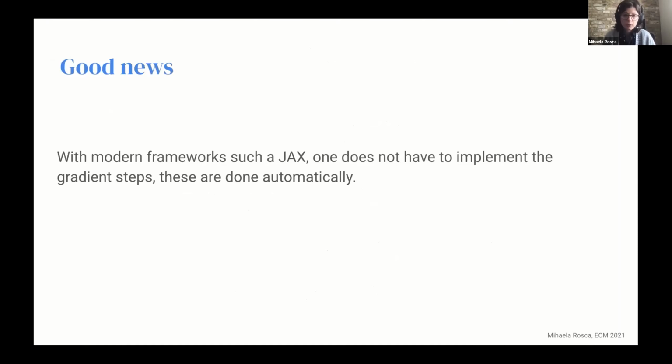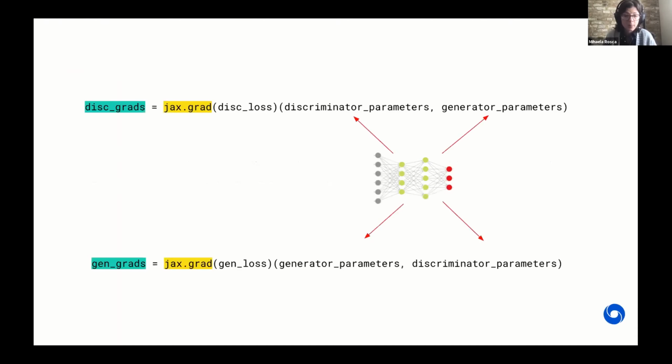With modern frameworks, especially frameworks such as JAX, this is done for you automatically. Specifically, the reason I want to highlight JAX, especially for this audience, is that it's very much in line with the mathematics and how we should be thinking about these things.